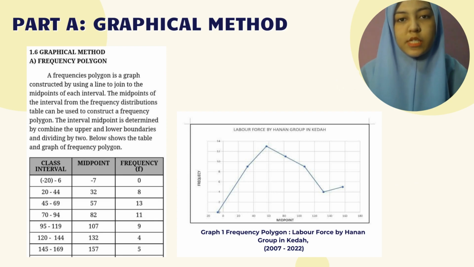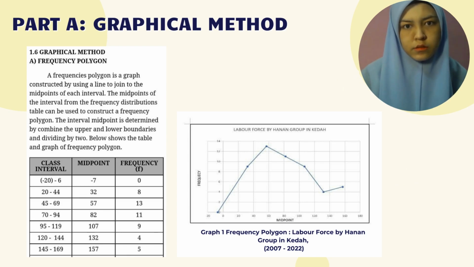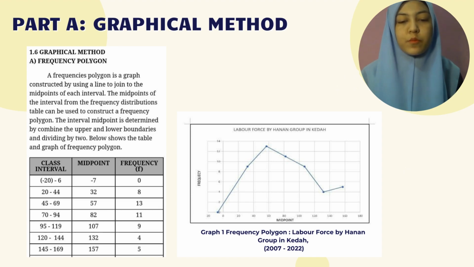A frequency polygon is a graph made by using a line to join the midpoints of its intervals. The midpoints of the intervals from a frequency distribution table can be used to construct a frequency polygon.